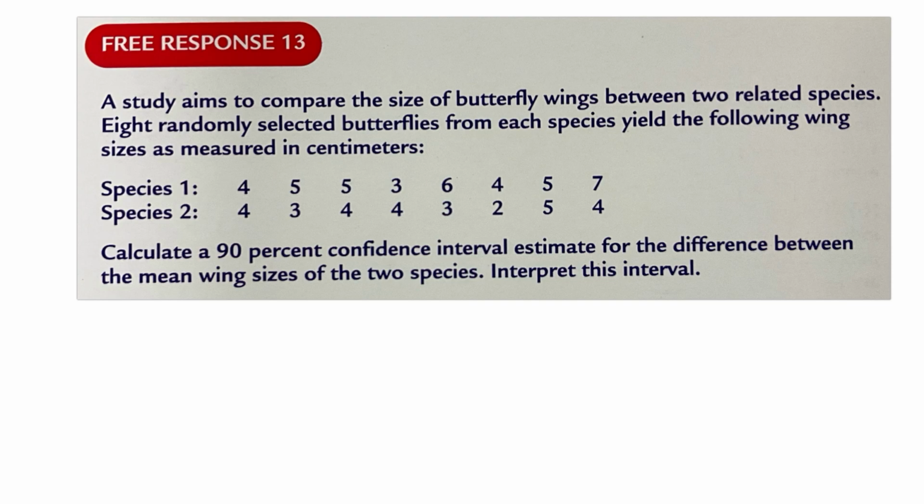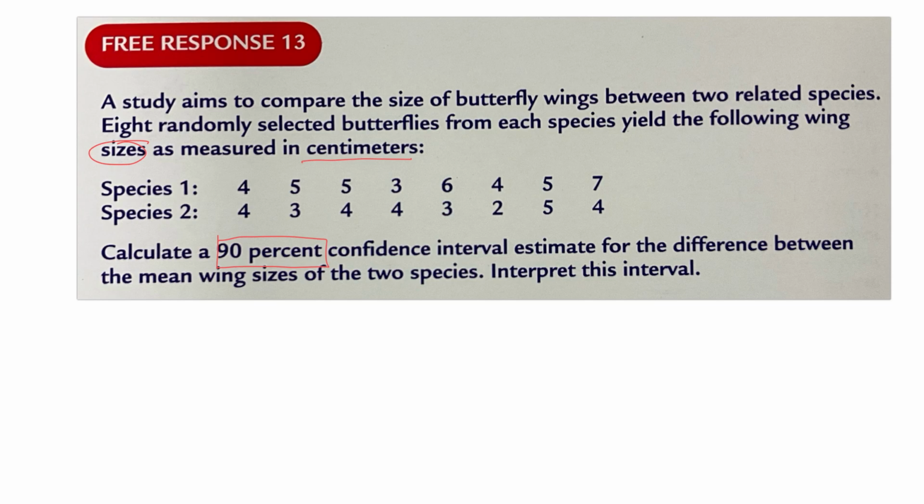All right, so the question is asking about a confidence interval for 90% confidence. First of all, I'm going to put a box around the confidence level. We do have two species. One of them is for the butterflies. They have the sizes in centimeters. So we have different sizes, and species two also has different sizes.